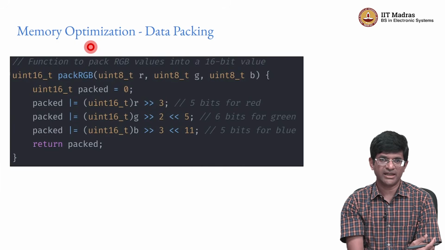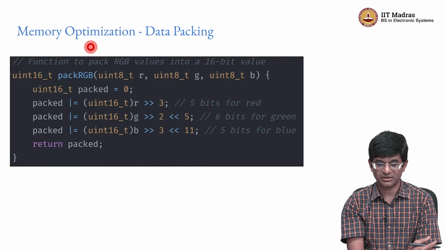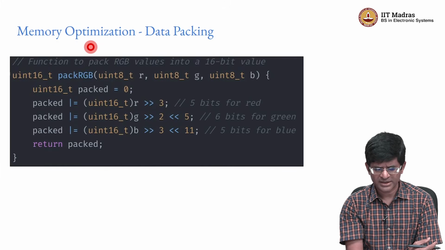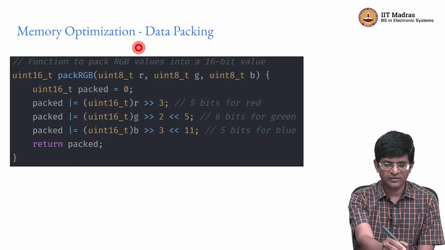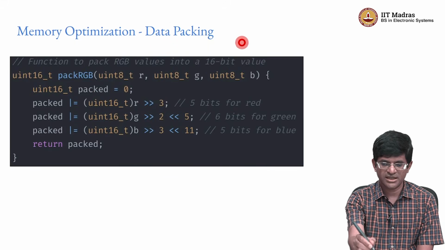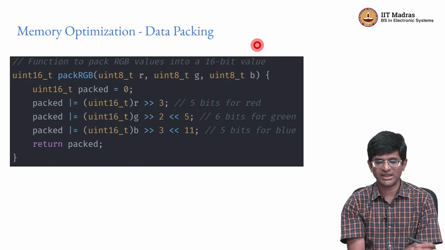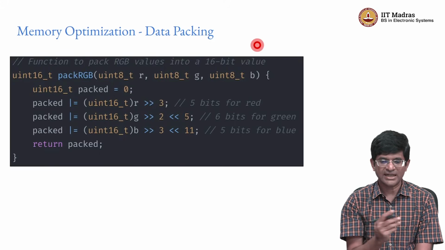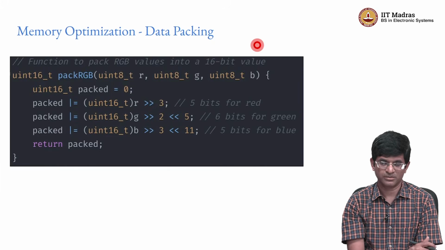I think it's 16-bit RGB data that we are talking about over here, right? I have three numbers R, G and B, and even though I have declared each of them to be 8-bit values, they actually need to get compacted into a single 16-bit value.